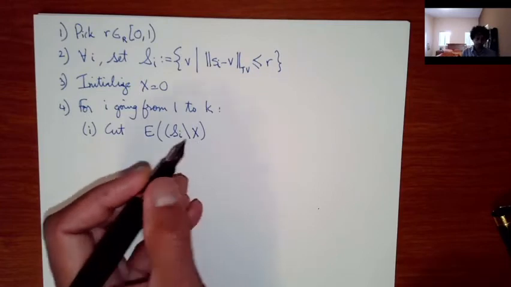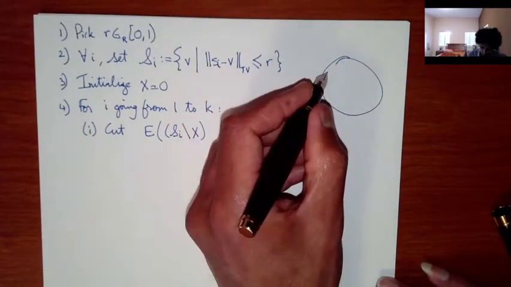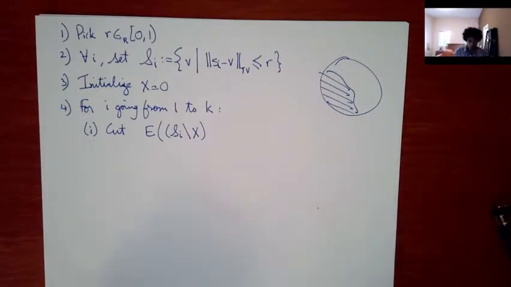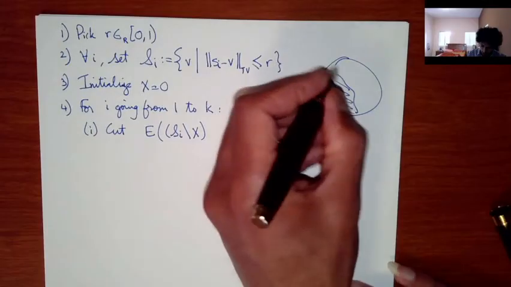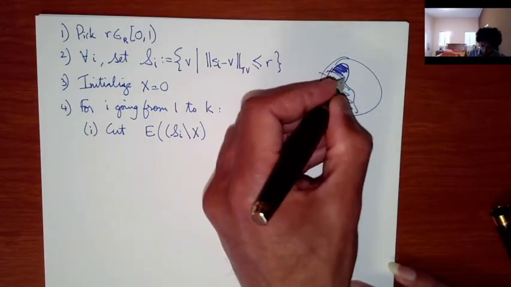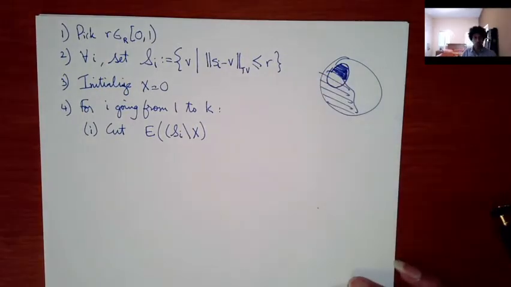So think of x as what has already been, at some point, we've already cut all of x out. So there is no need. If S_i is here, we only look at the edges going from this shaded region out to the rest of the world.